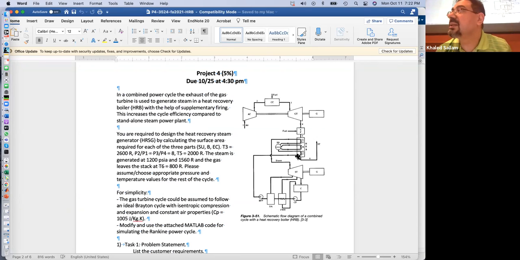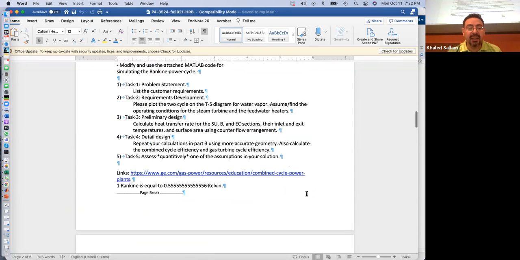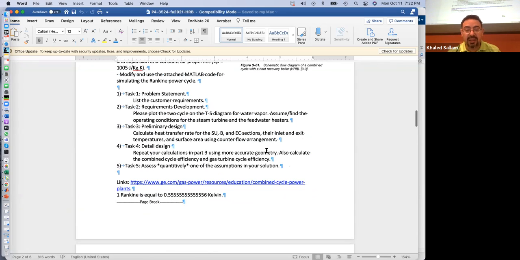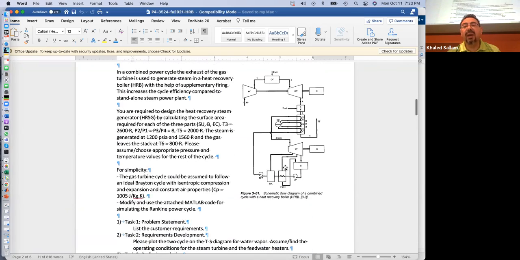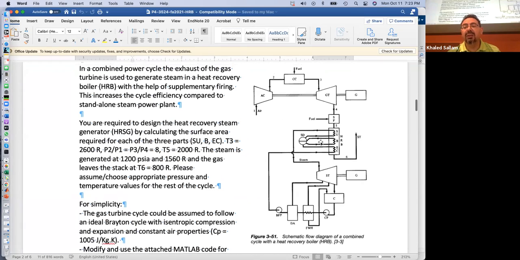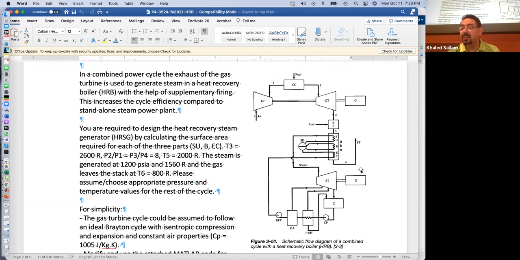Why? Because again, when you calculate the efficiency for this, at the end he says, calculate the combined cycle efficiency and the gas turbine cycle efficiency. So the combined efficiency would be what? Work net here plus work net here divided by this Q added, right?